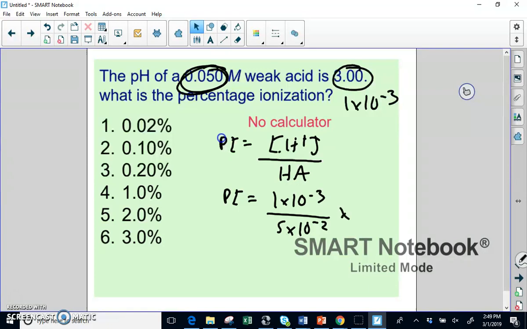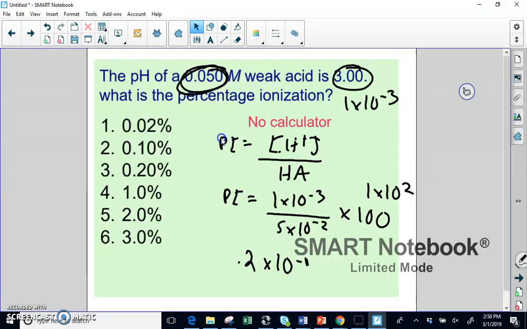Then we're going to multiply this by 100, and if you wanted to put this in scientific notation, that's 1 times 10 to the second. If we do this math, this is a little bit difficult. 1 divided by 5 is 0.2, and remember, you subtract exponents, so negative 3 minus negative 2 is negative 1.